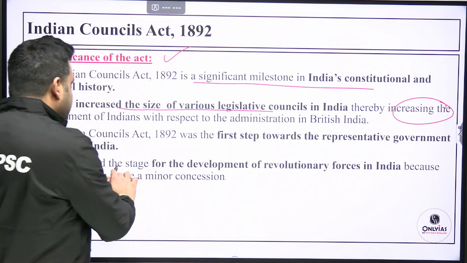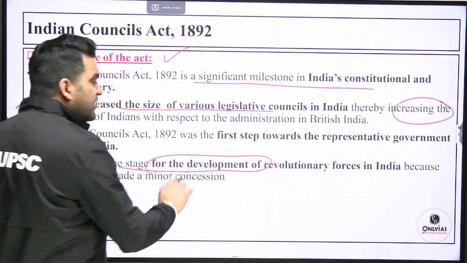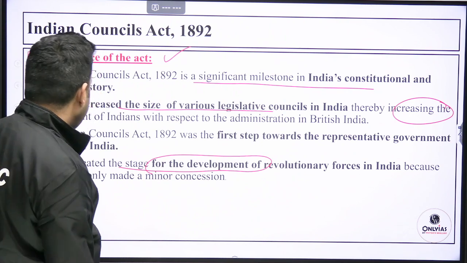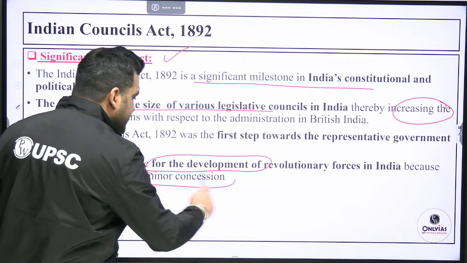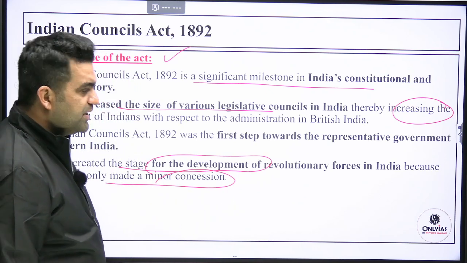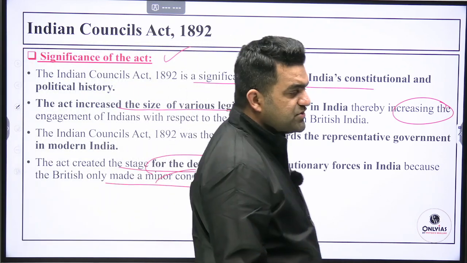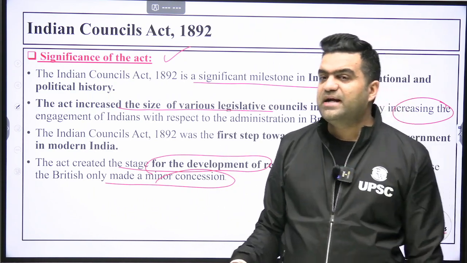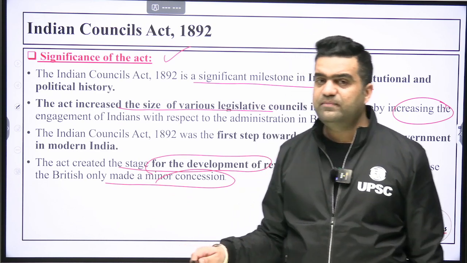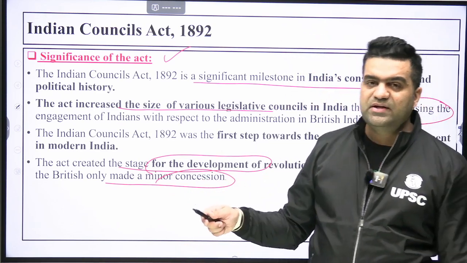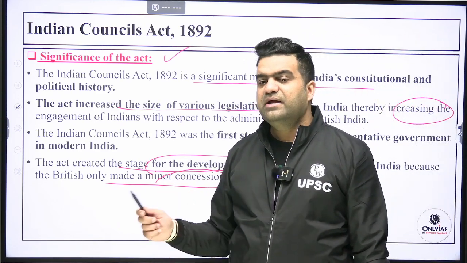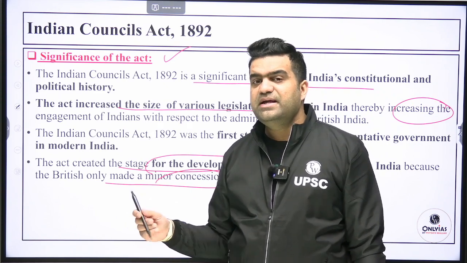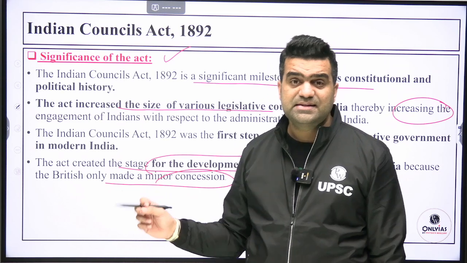Now, the Act created the stage for the development of revolutionary forces in India because the British only made a minor concession. Even though Indians were expecting that after the revolt of 1857 something would happen in 1861, it happened, but there were some flaws and drawbacks in the Indian Councils Act of 1861.